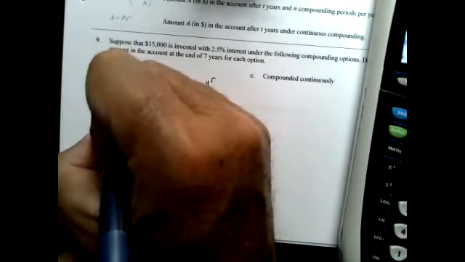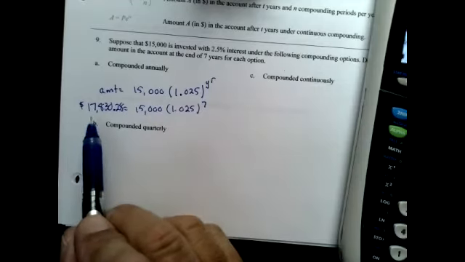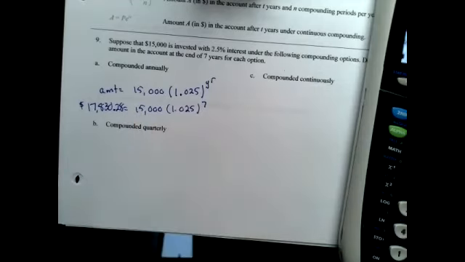Again, the bank's not going to round up. They're going to keep your partial pennies. So yeah, nice. That's a pretty good return on your investment in 7 years, almost $3,000. That's kind of nice.